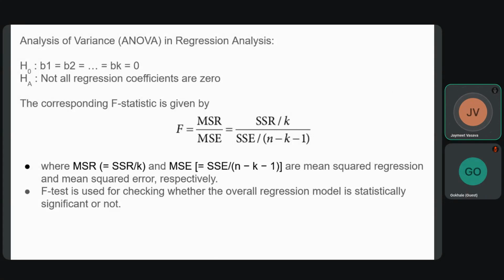The corresponding F statistic is given by F equals MSR divided by MSE, where MSR is SSR divided by k, and MSE is SSE divided by n minus k minus 1.